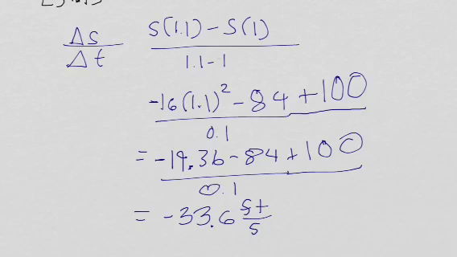Sorry about the noise. After simplifying this, I forgot to add the 100 at the end from the original equation. We'll get negative 33.6 after putting that into our calculator.